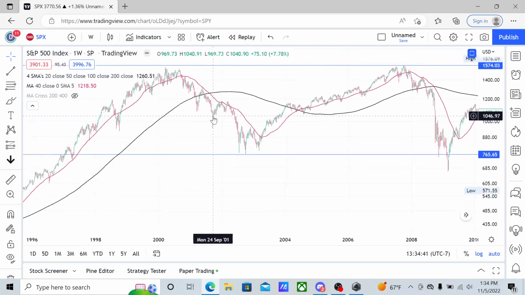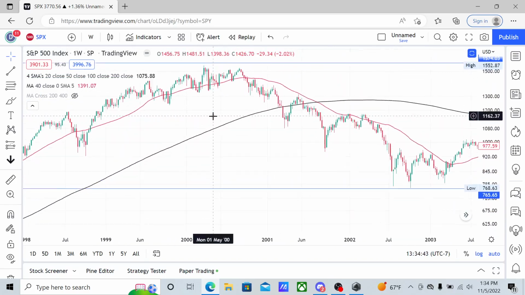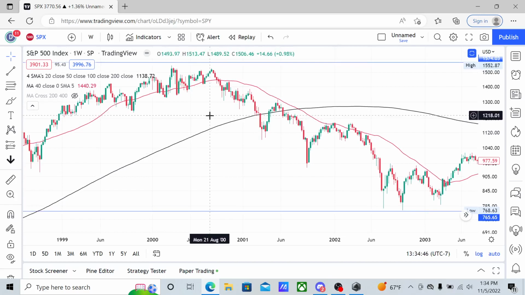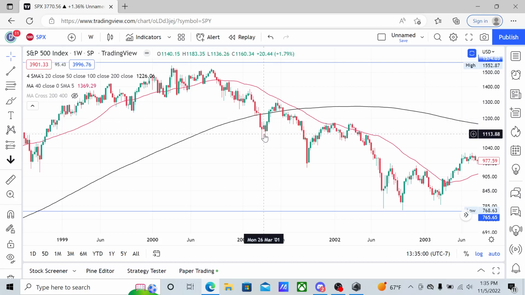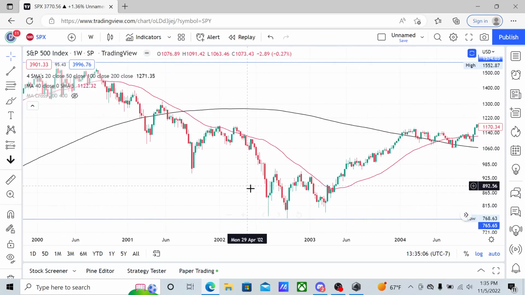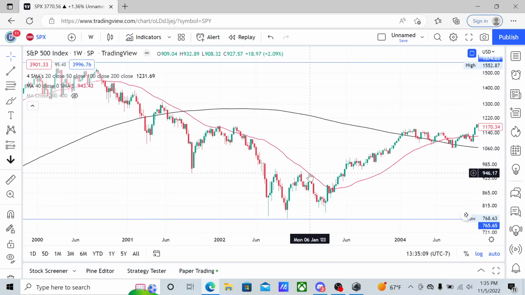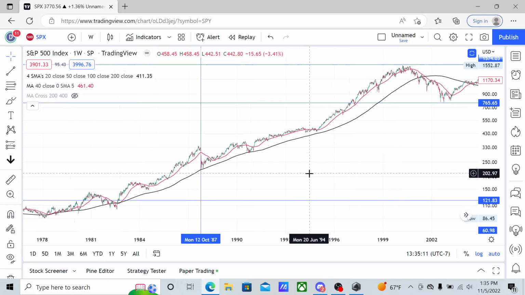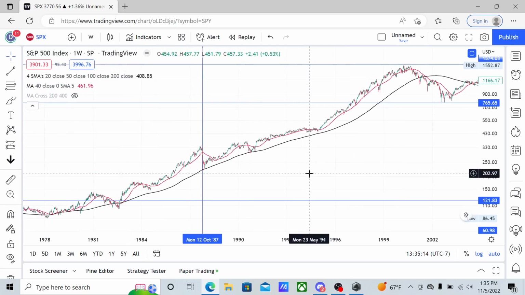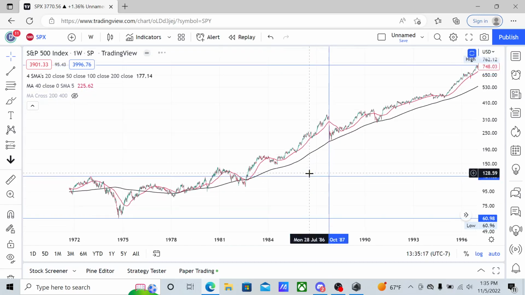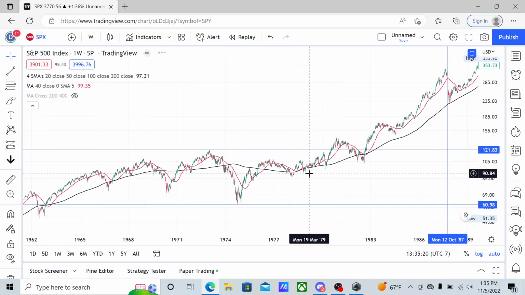For example, right about the peak before the dot-com crash, the S&P 500 started its downward trend, touched that 200-week moving average twice before rejecting and going back up, then closed down below it, came back above, and then started its move down. This is over a period of several years. So these very long moving averages just give you a snapshot of a very long-term trend.